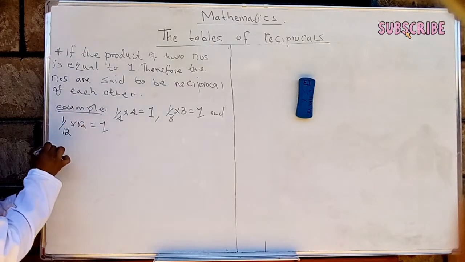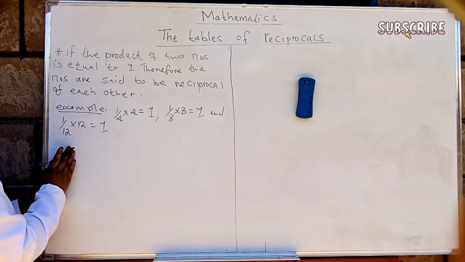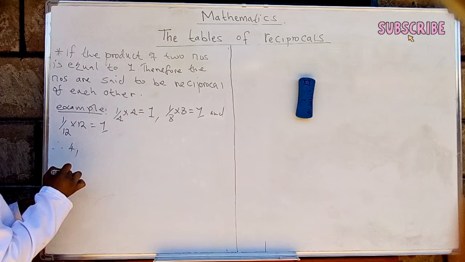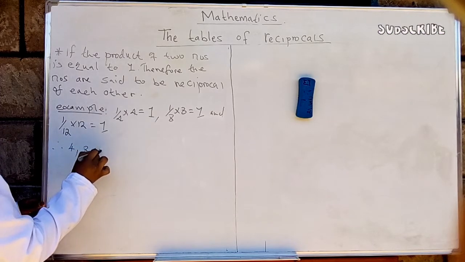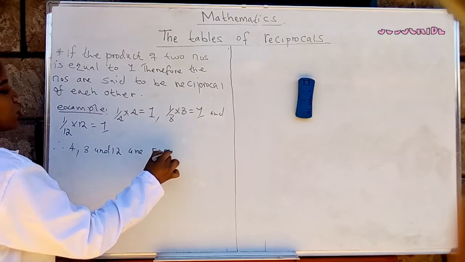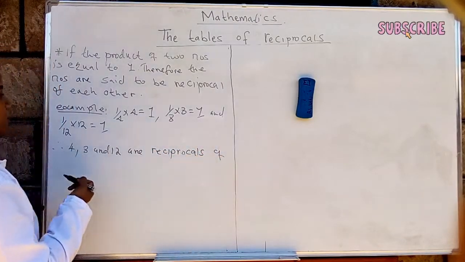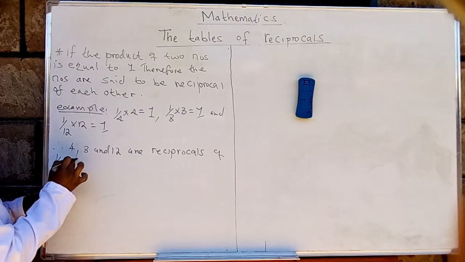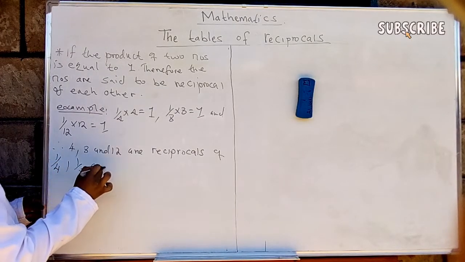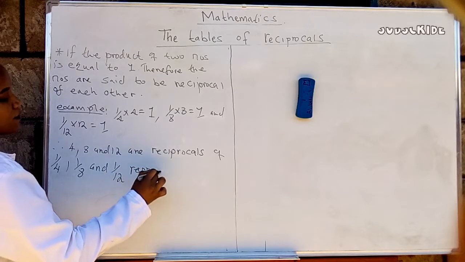So this means that 4, 8, and 12 are reciprocals of a quarter, an eighth, and a 12th respectively.